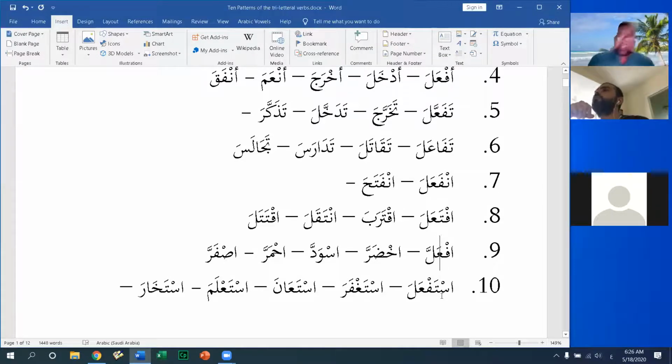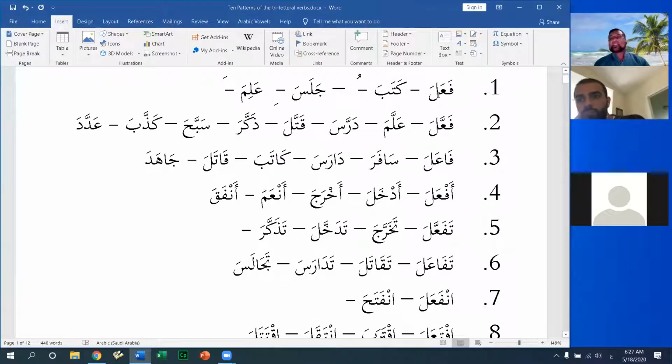Those are the 10 forms of the trilateral verb, 3 original letters. Do you see the difference? That's all you really need to know, is see the difference. And don't worry about the meaning. Those you would learn as you advance, inshallah. And you'll get many examples and it will become second nature, actually.